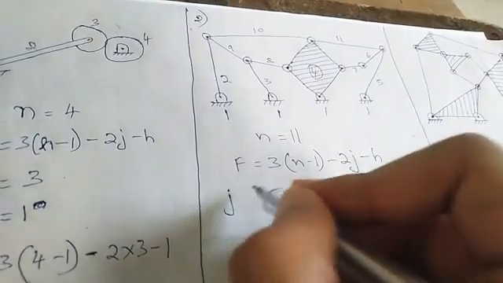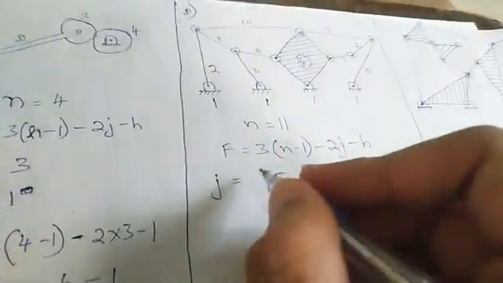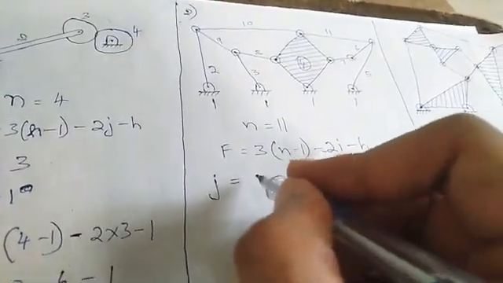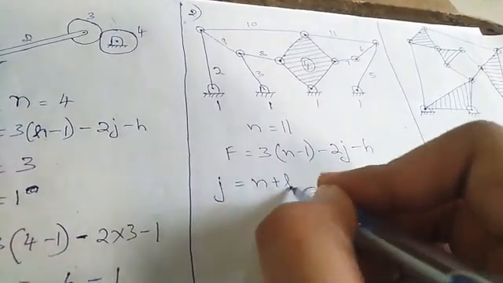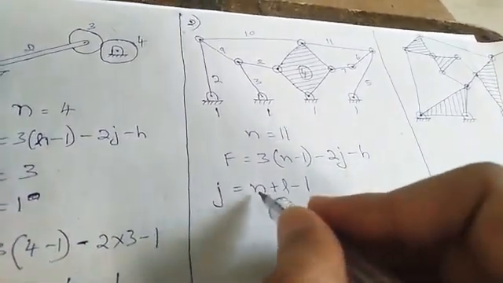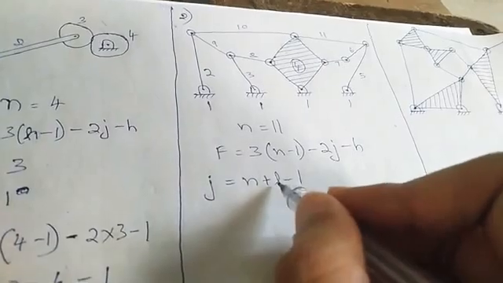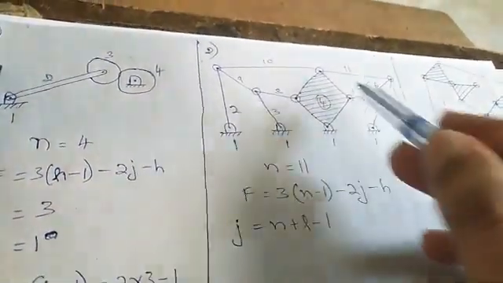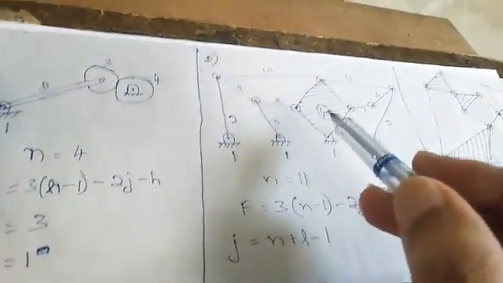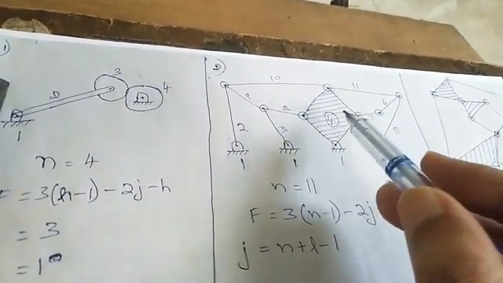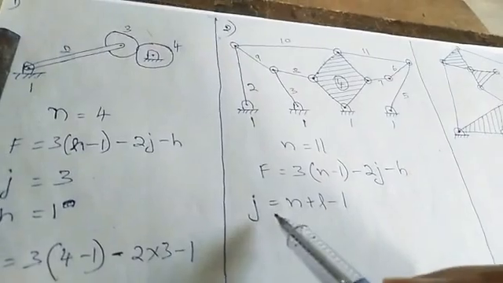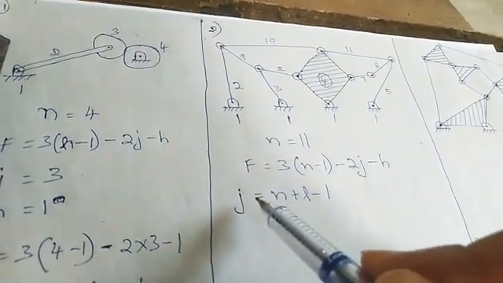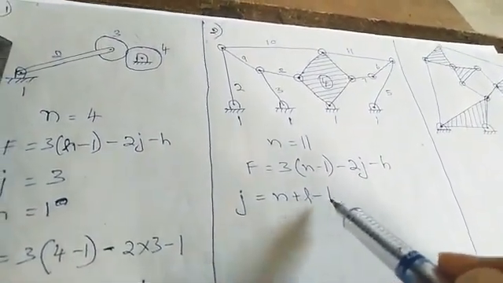Next we'll find the value of j. For j we shall consider the new formula, n plus l minus 1. So n is the number of links, l is the number of loops, and 1 here. If the given problem is a little bit complicated, we'll make use of this formula to find the j, n plus l minus 1.